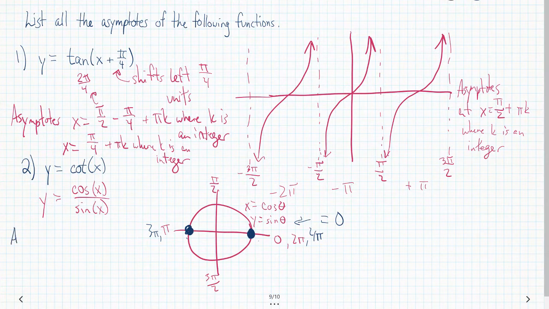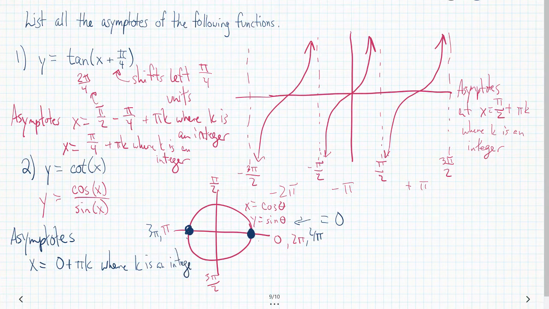So the asymptotes in this case, you actually have them right away. All right, x equals 0 plus, sorry, I keep on putting 2 pi out of habit. It's pi times k, where k is an integer.